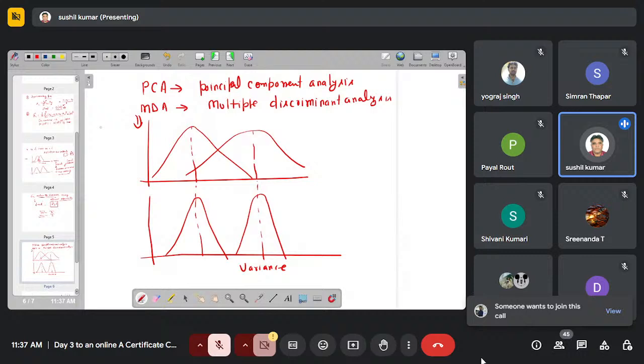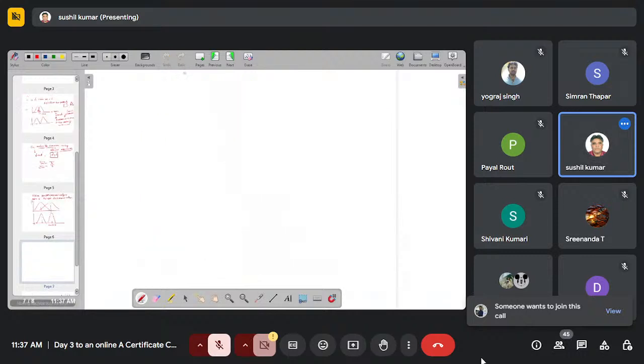Now we will discuss PCA, principal component analysis. Today we will discuss the mathematical proof for PCA.